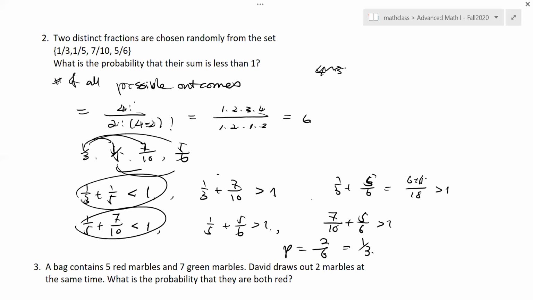If you don't consider the order, then use this formula: n factorial divided by k factorial times n minus k factorial. But if you count the order, then you don't divide by the k factorial, because when you rearrange the k numbers, you get different outcomes.